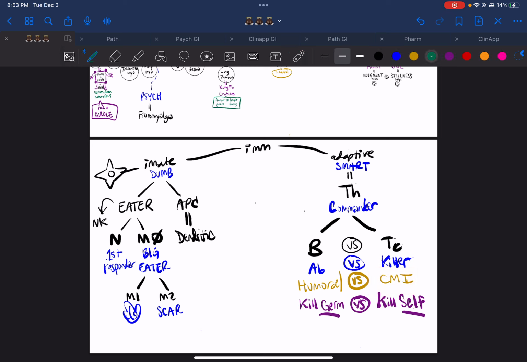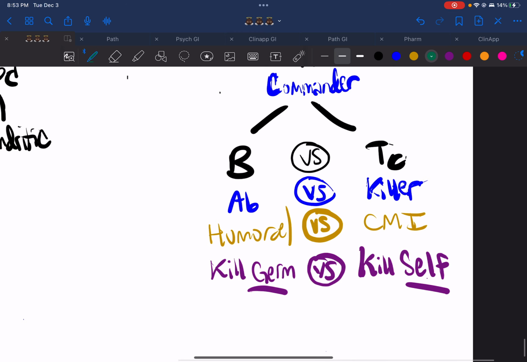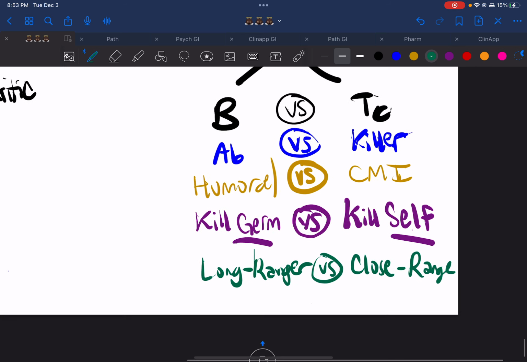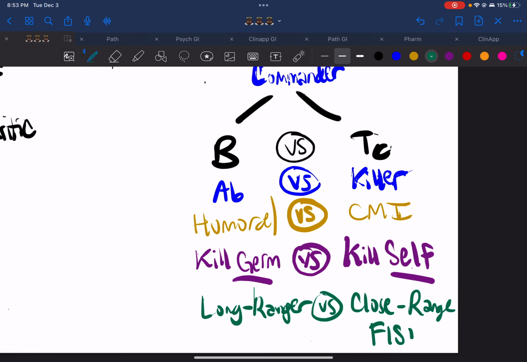The killer T cell is going and using its own hands to kill that cell that's been infected. This is long range, like shooting a gun, or throwing ninja stars or something, versus this is close range, right? It's hands-on. You're using your own hands to kill your target.